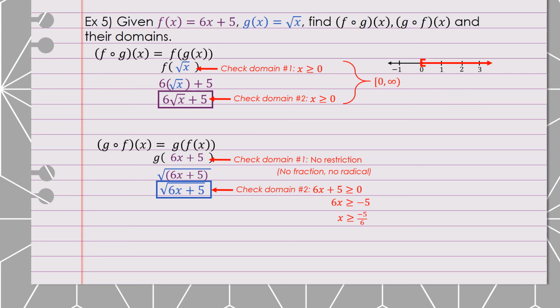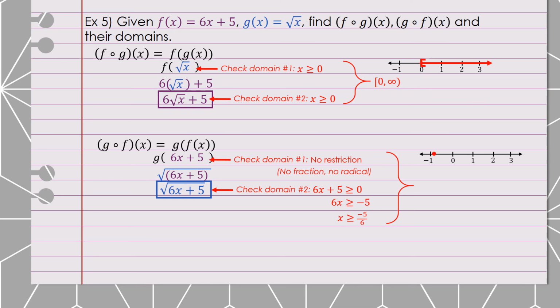Since we've identified our domain check number 1 and 2, we're now ready to identify the overall domain of the composition. Again, I suggest you draw a number line. The first domain check says there was no restriction, so we get to keep all the numbers. But domain check number 2 has a problem. It says something happens at negative 5/6. Well, negative 5/6 exists close to negative 1 on the number line.